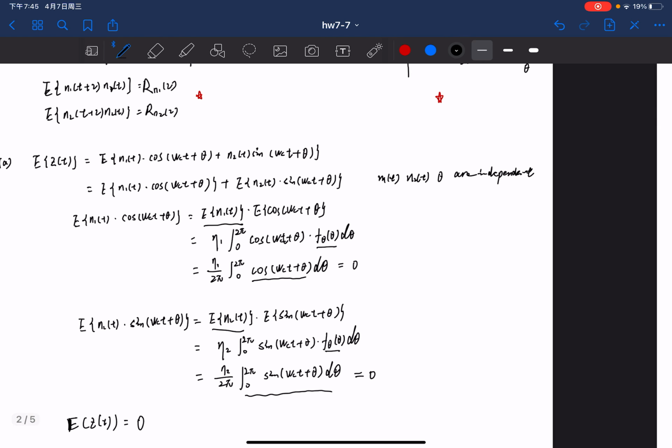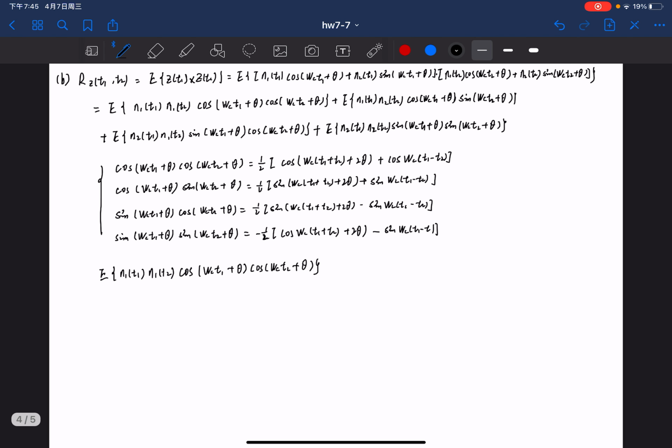For question B, we want to calculate the autocorrelation of Z. Using the definition, we can write the calculation, and using the expression of Z(t), we can write this autocorrelation expression, and it should be this.